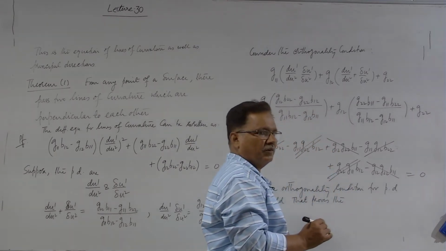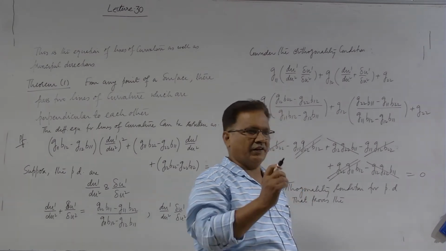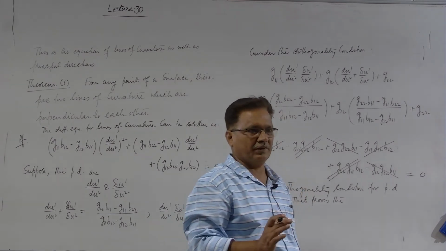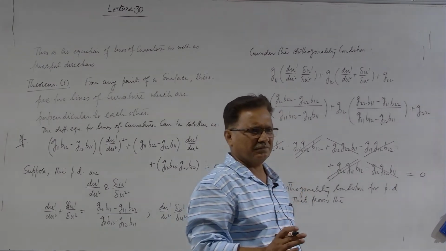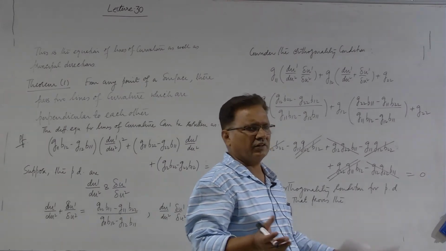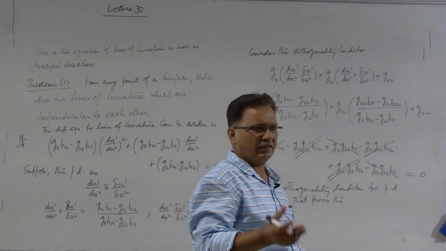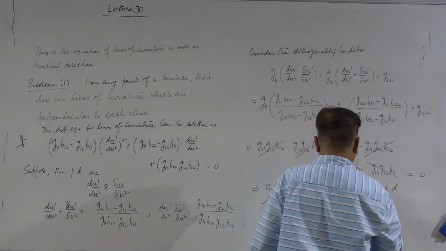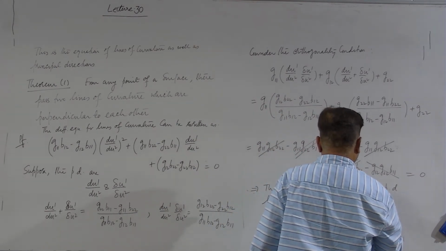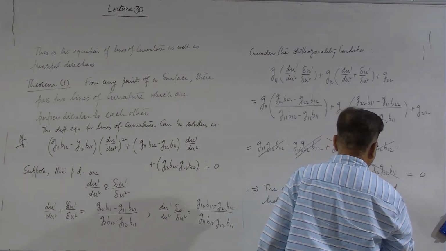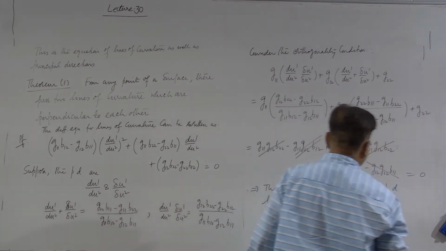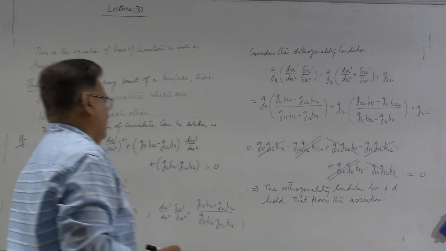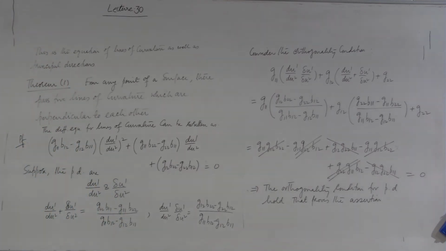Yes. From every point we can find two lines of curvature which are perpendicular to each other. Their curvatures are K1, K2. Normal curvature. That proves the assertion. Also, it is a geometric property which we have verified through our computation.